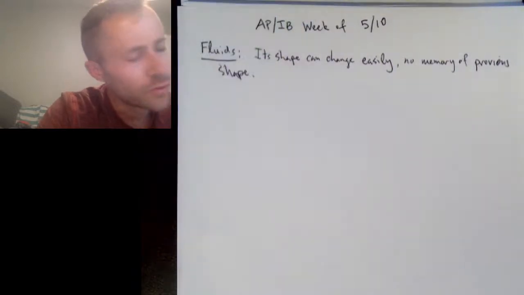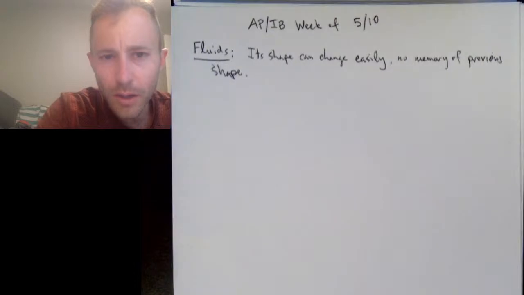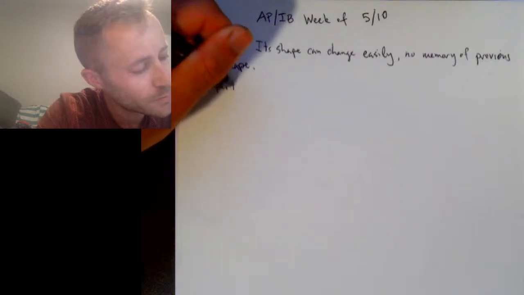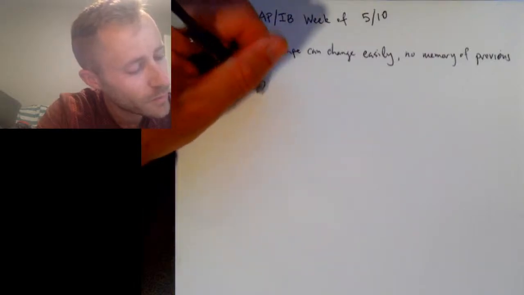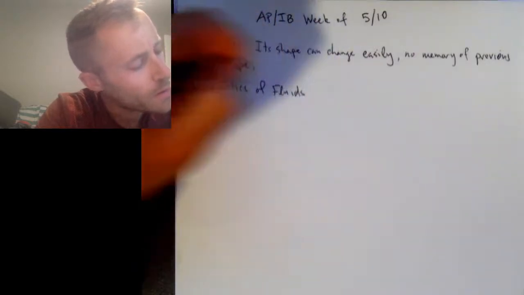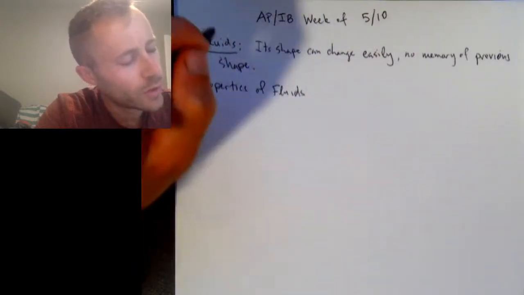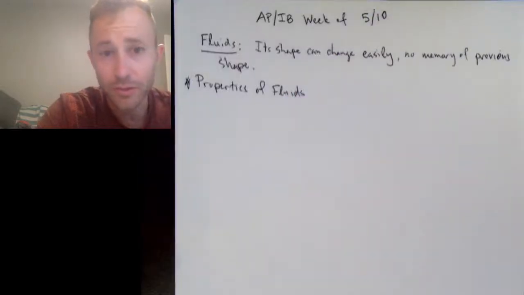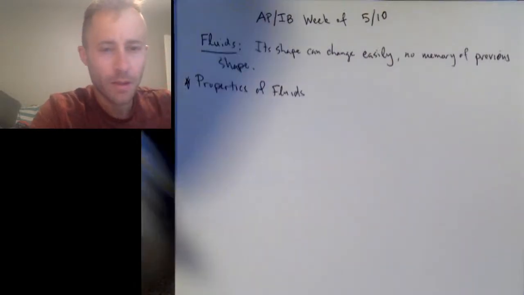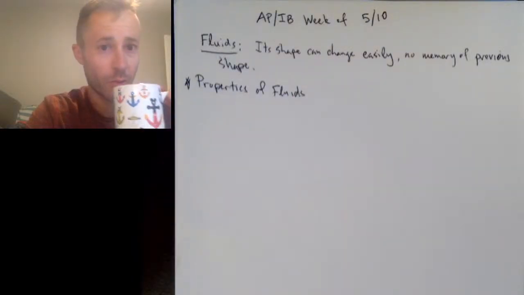Okay, so what are the properties of fluids? So this is like an introductory lesson on fluids. We're going to get more technical as we get towards the third lesson.